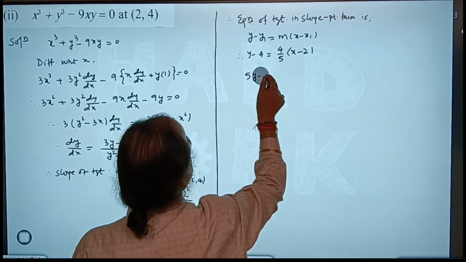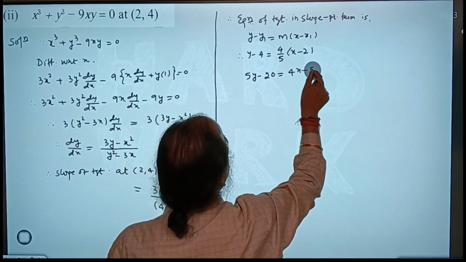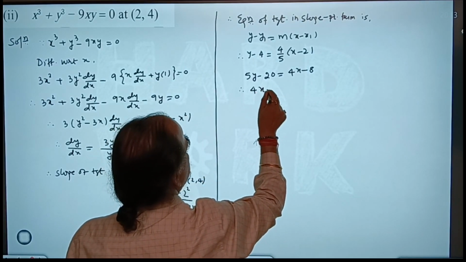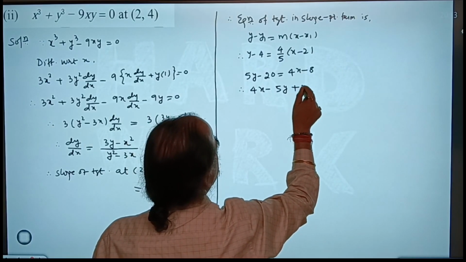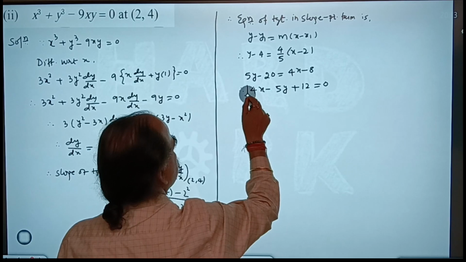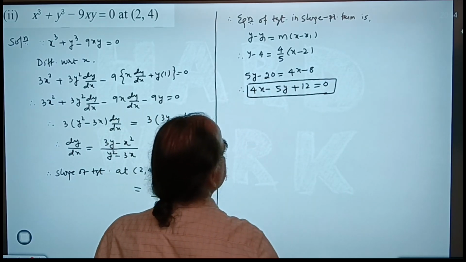So 5y minus 20, 4x minus 8. So 4x minus 5y plus 12 is equal to 0. This is equation of tangent.